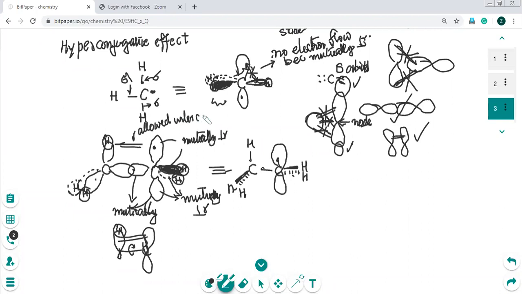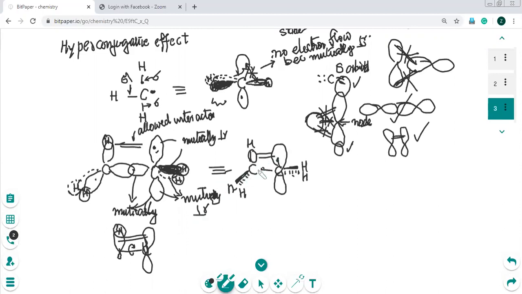They can form a bond. That is, this orbital can form a pi bond with this orbital, and the hydrogen can free itself from here.